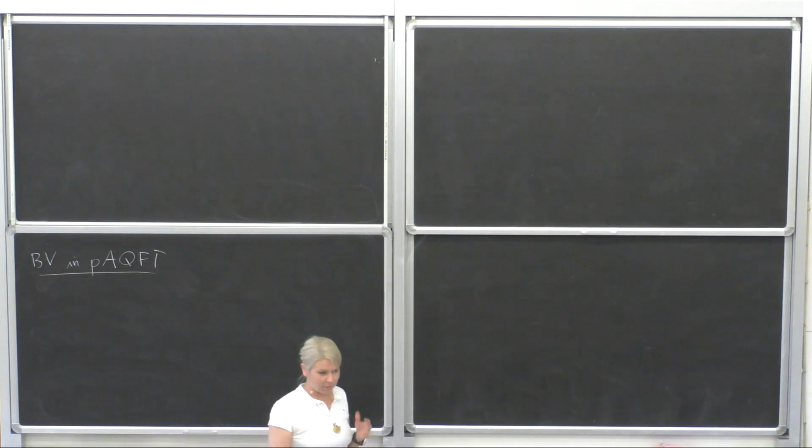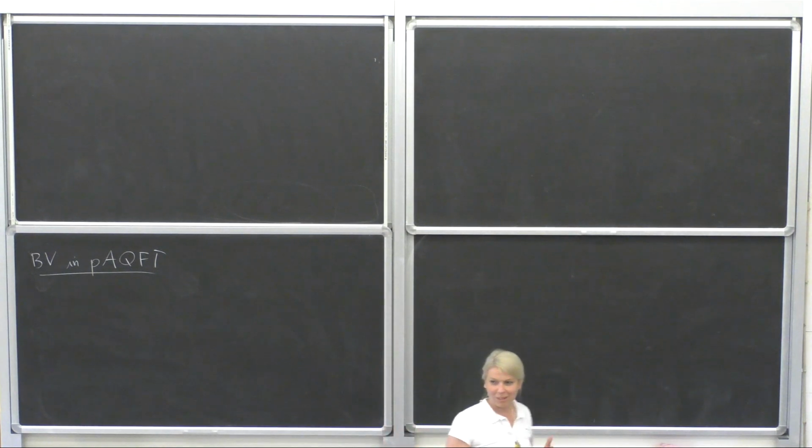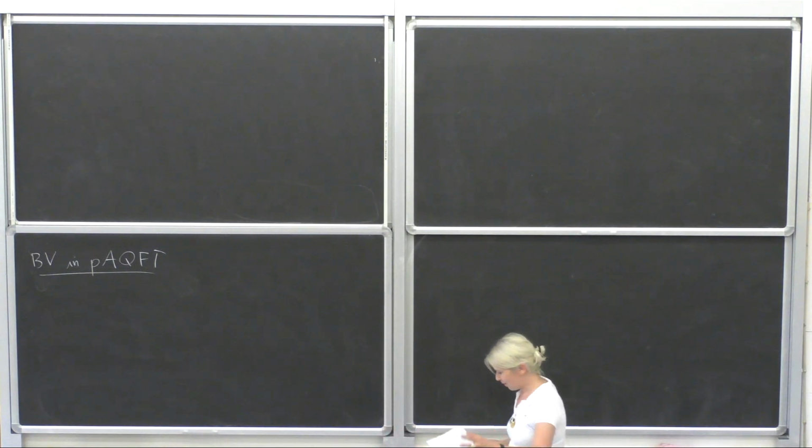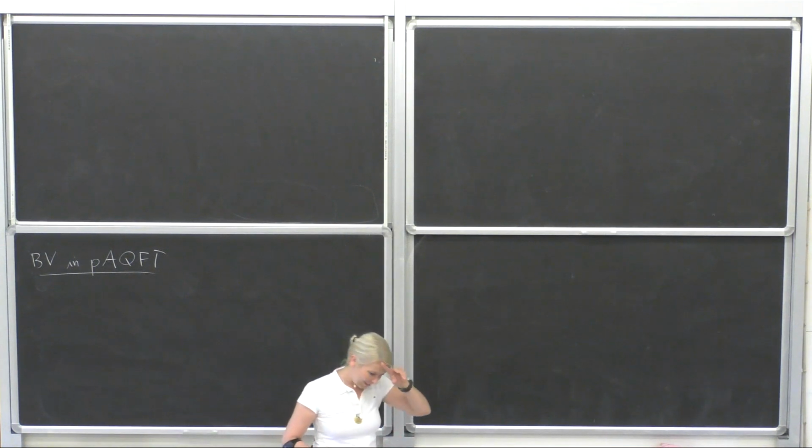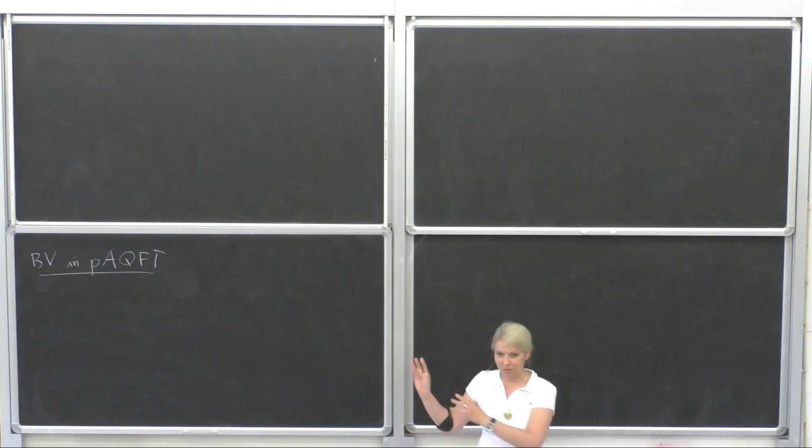So you already had some BV from Pavel, so now it's time to remind yourself of everything you learned from Pavel's lectures and try to connect this to what I'm going to talk about.